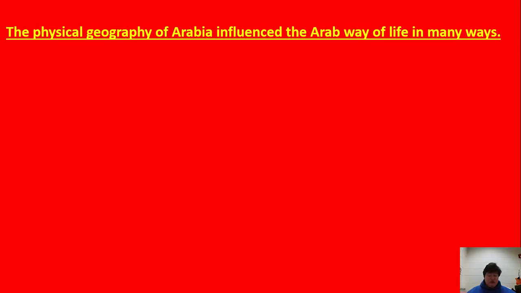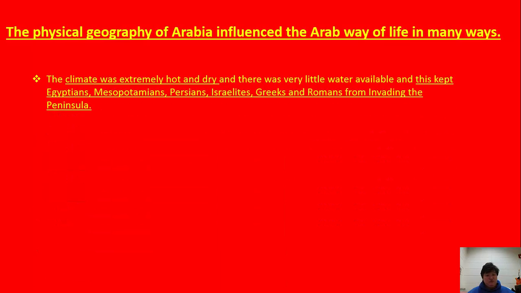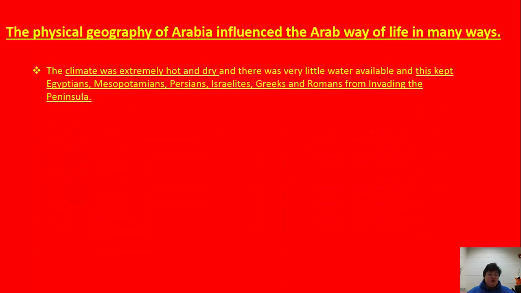And remember, I also mentioned that it was hot and dry, and it was mostly desert. The climate was extremely hot and dry, and there was very little water available, and this kept the Egyptians, the Mesopotamians, the Persians, the Israelites, the Greeks, and the Romans from invading the peninsula.